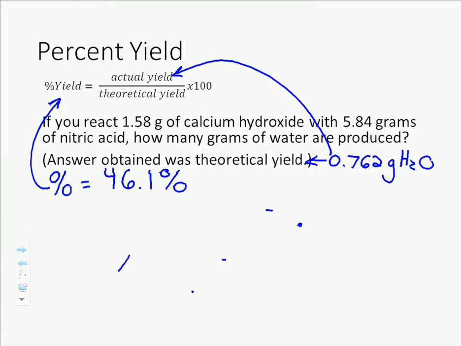I just accidentally drew that arrow to theoretical yield when it should have said actual yield.